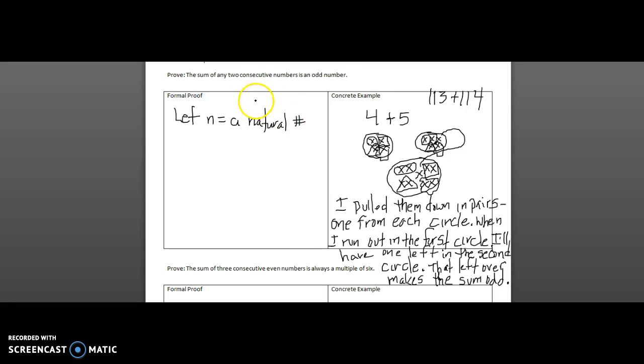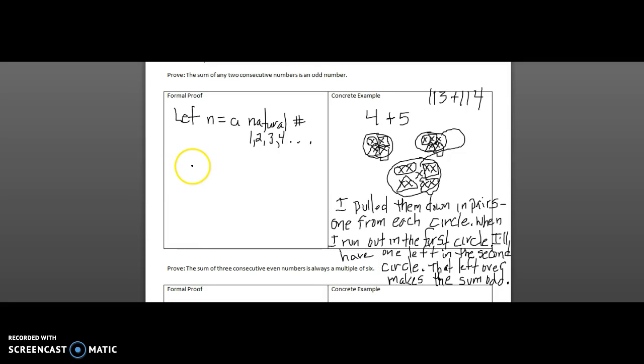Right? Natural numbers, by definition, are the numbers 1, 2, 3, 4, and so on. So we're going to say, hey, let n be a natural number.